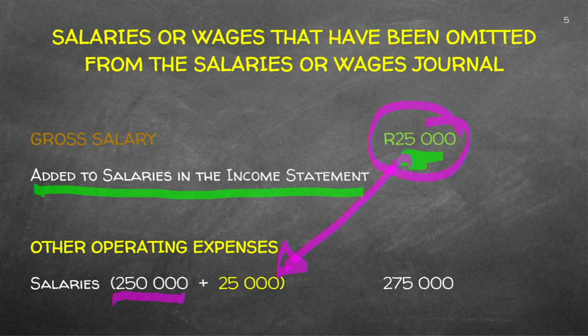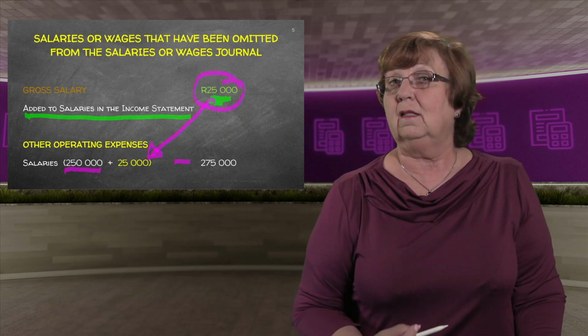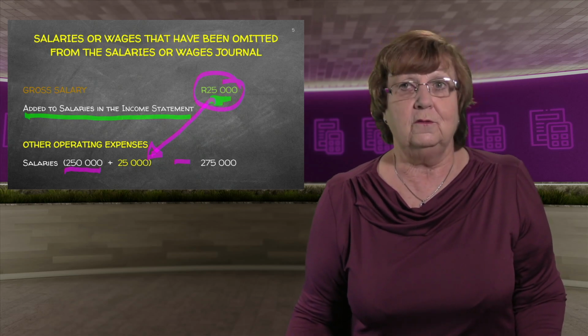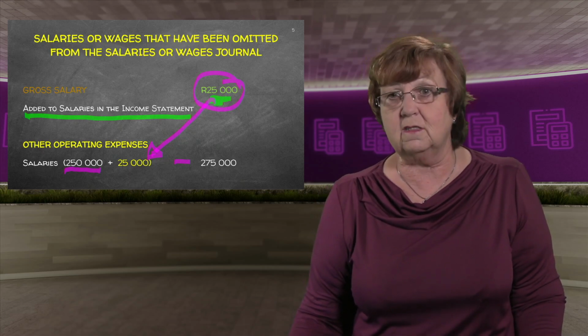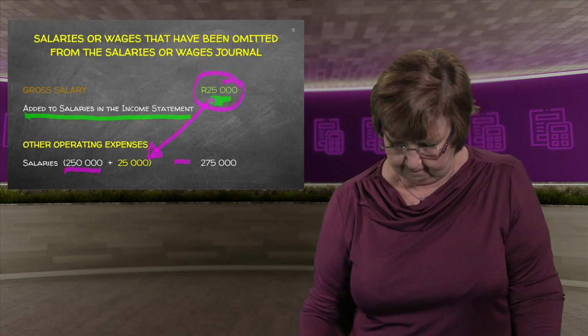And so if I say 250,000 Rand plus 25,000 Rand, it will give me 275,000 Rand. And so as a business, I will be claiming 275,000 Rand as an expense to pay salaries.